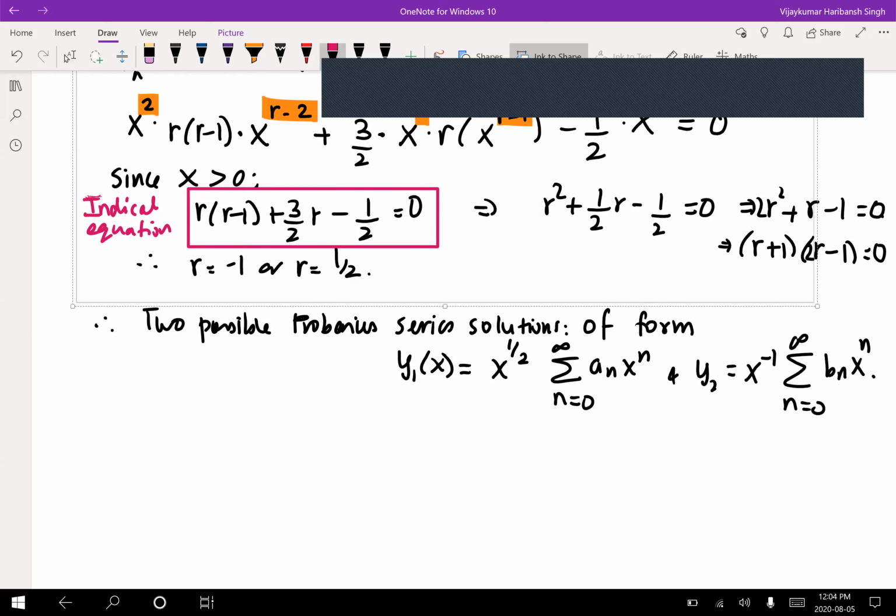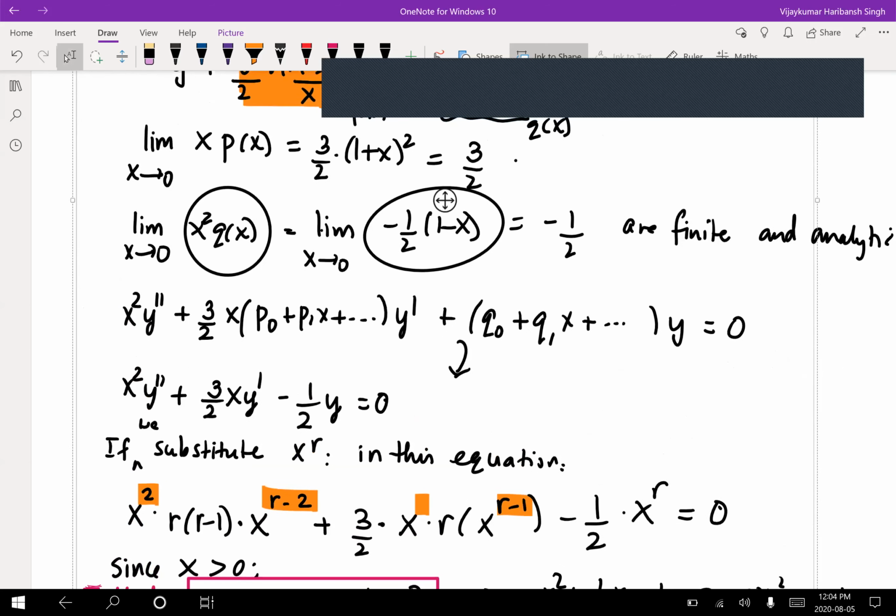So from here to here, there's a jump, but you can see that you can directly write it down. Using p naught and q naught, you can find out what your equation is.